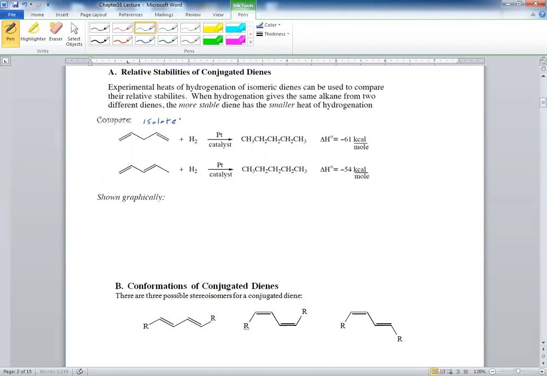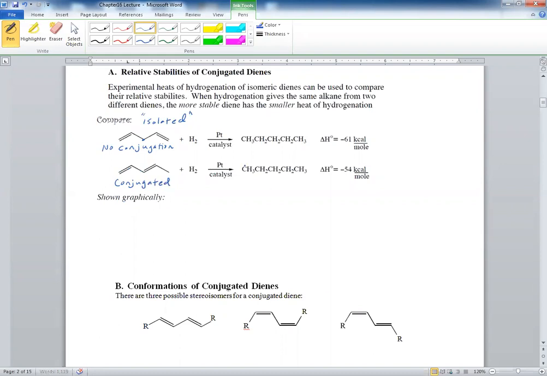If you notice here, there is no conjugation in this one, simply because there's no p orbital right here in the middle. Versus, of course, you have a conjugated diene over here. So what's so special about this?